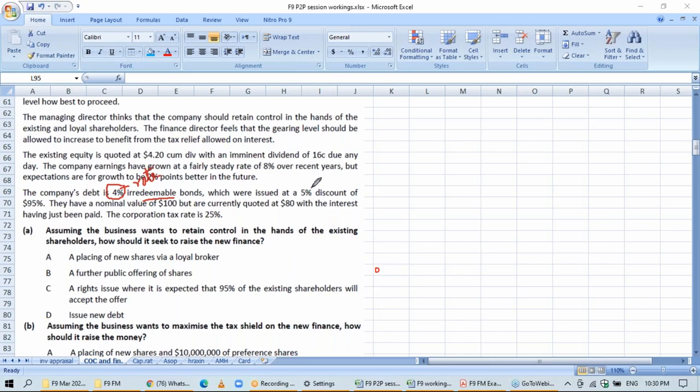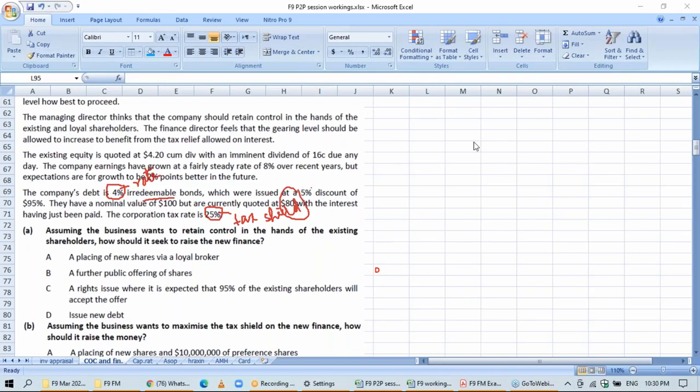And they are telling us that there is a 25% corporation tax rate. Now as this is a loan, this will be the tax shield. 25% is the tax shield. We'll be saving tax at 25%, right? And then what is the market price? The market price of the bond is 80.